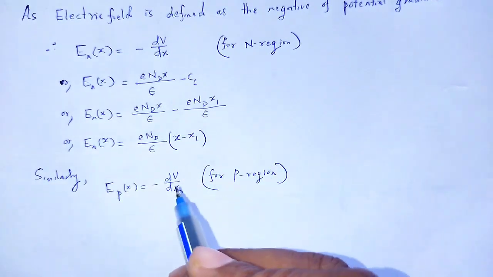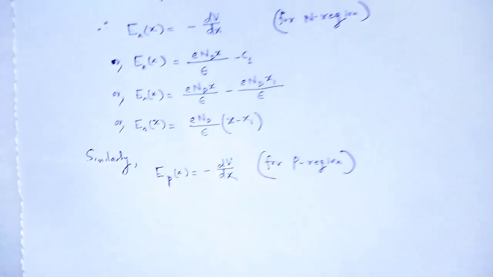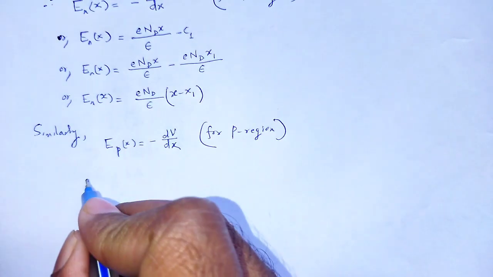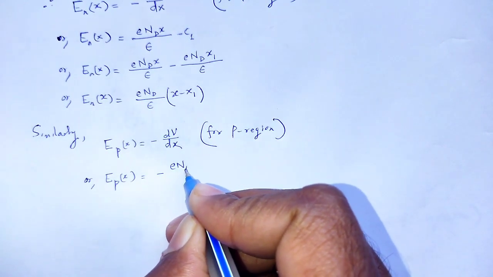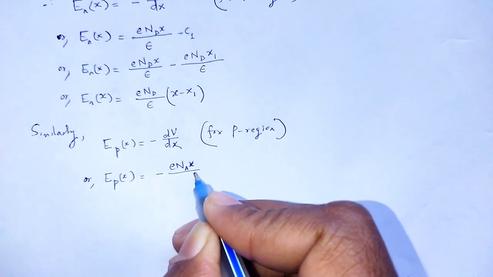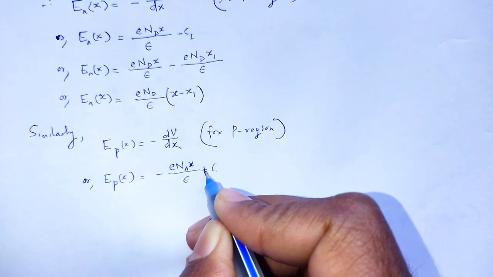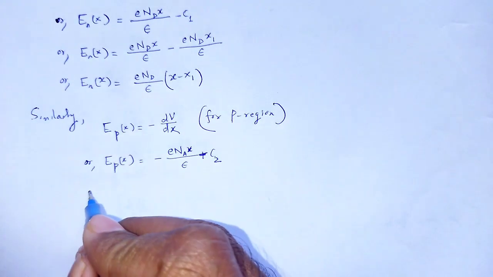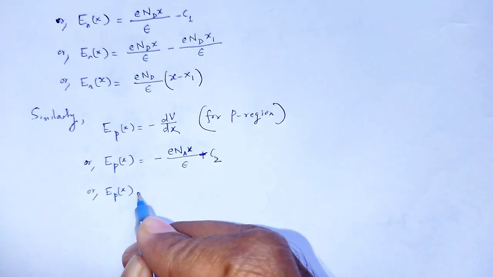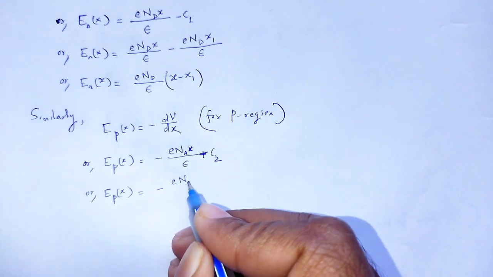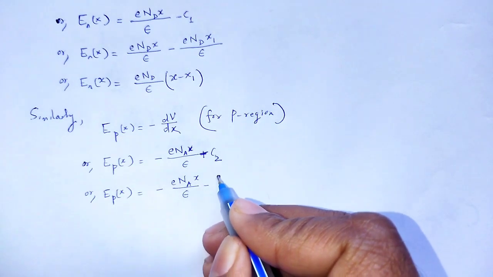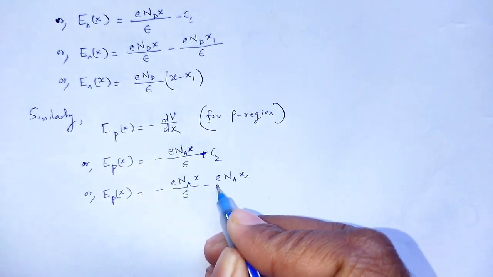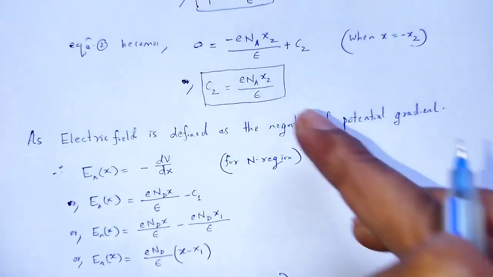Therefore, dV by dx expression from p region is put here: E p of x is equal to minus q N a x divided by epsilon plus minus C2, or E p of x is equal to minus q N a x divided by epsilon, then the value of C2 is put, that is minus q N a x2 divided by epsilon.